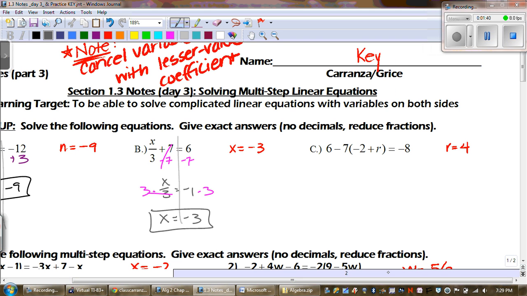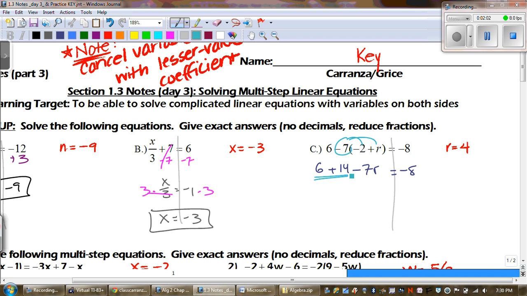Not too bad. Now, C, a little bit more complicated. First thing we have to do is distribute. And so we get 6, and -7 minus 2 is +14, and -7 times r is -7r.